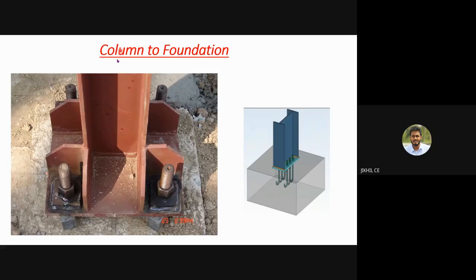And once you fix the column, there will be some holes. So we'll be making some holes on the steel plate, matching with the bolt dimensions, we are placing the column onto the bolts, and then we'll be tightening the nuts. So this is one type of column to foundation connection, and the other one is using the J bolt.